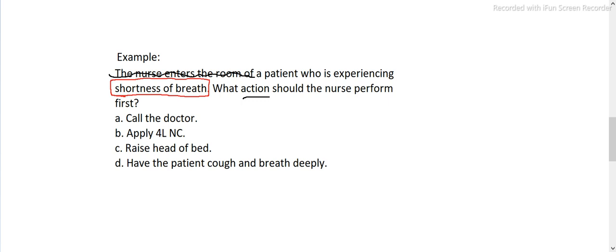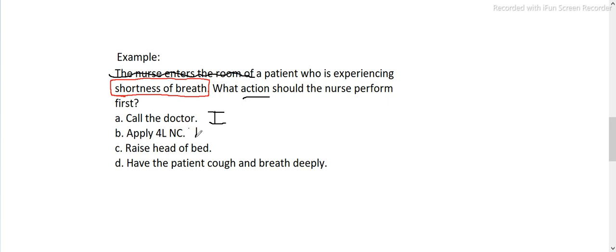So we already decided the topic, which is the shortness of breath. So step 2 is, are these assessment or implementation? Call the doctor. Is that assessment or implementation? I would say that is implementation, because you're not assessing anything. So we'll put an I right there. Apply 4 liters of nasal cannula.